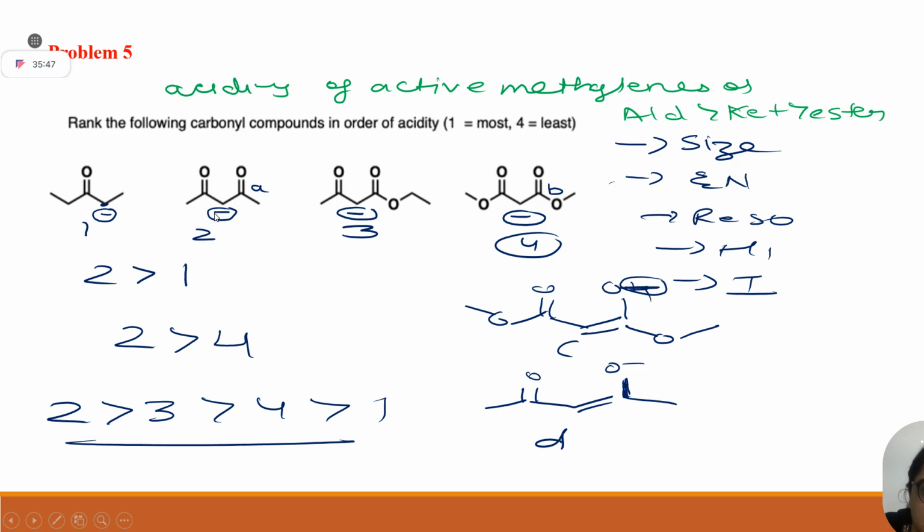But if we look at the stability of this carbanion form, because from here that proton is going, which accounts for its acidity, and this carbon is just adjacent to this negative charge. So by this factor we are deciding. I hope you understood.